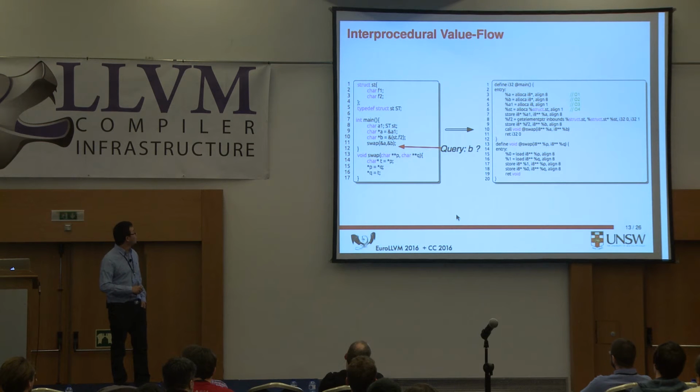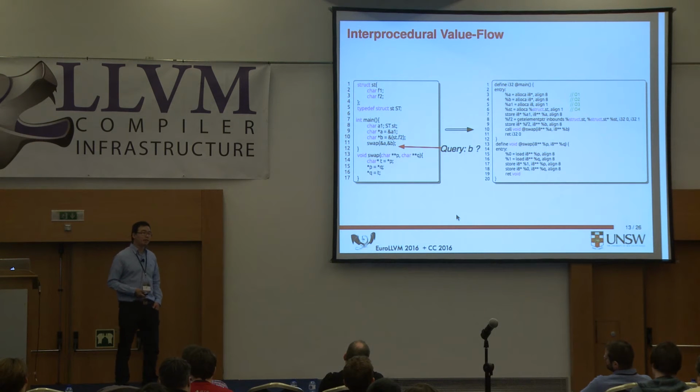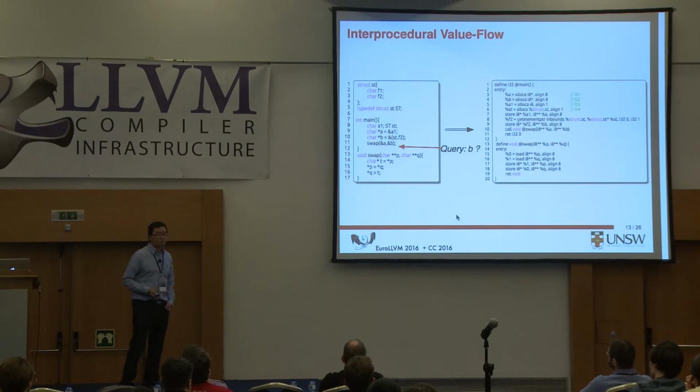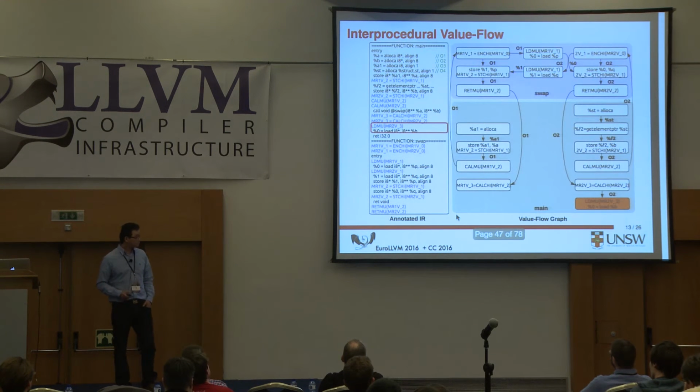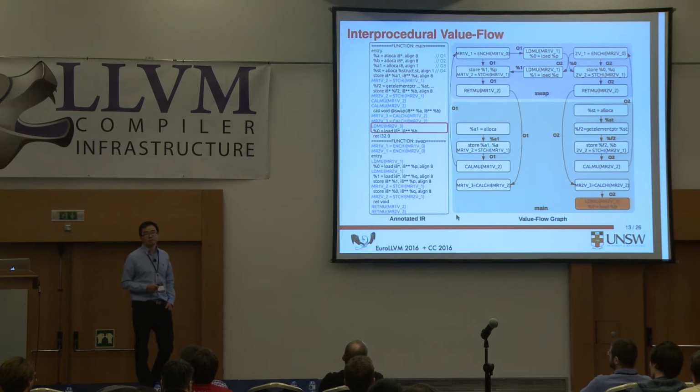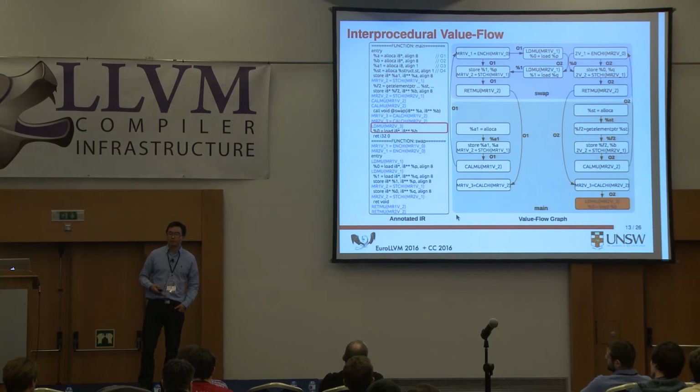We know that pointer B after the swap will only point to the object A1 instead of the field object T.F2. So how do we do this? We simply add a dummy load statement to trigger this query, and then we trace backwards along the value flow to answer these queries.